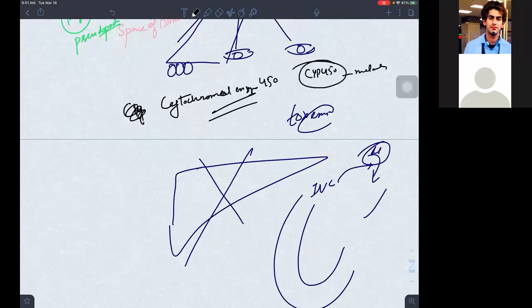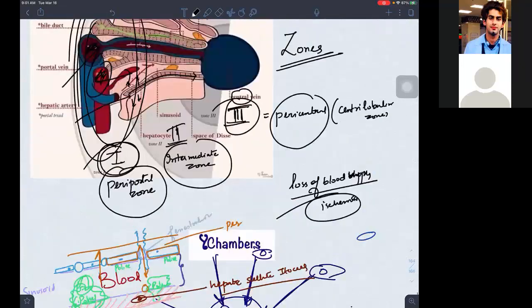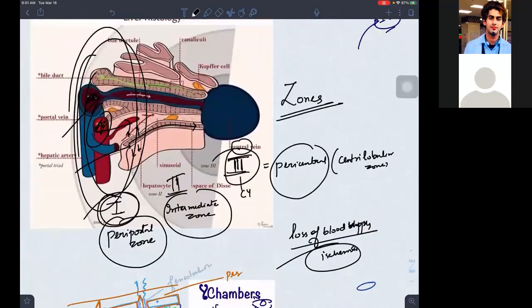They will ask in the exam where this cytochrome is present. It is present in zone 3. So which zone will be sensitive to metabolic toxins? Zone 3.